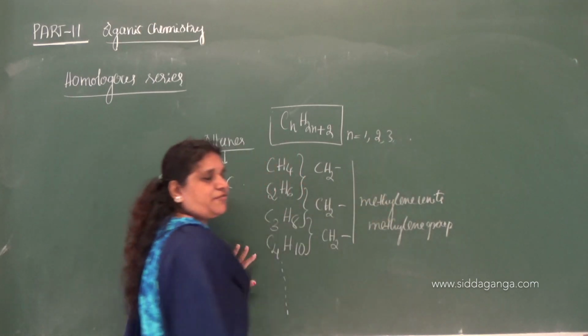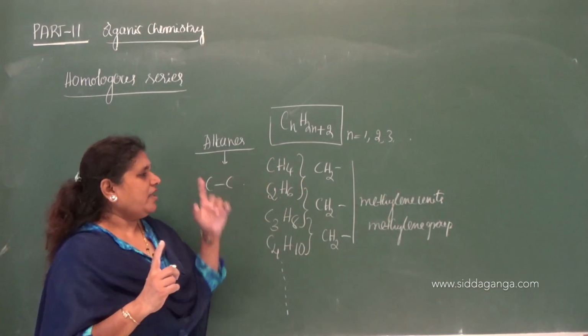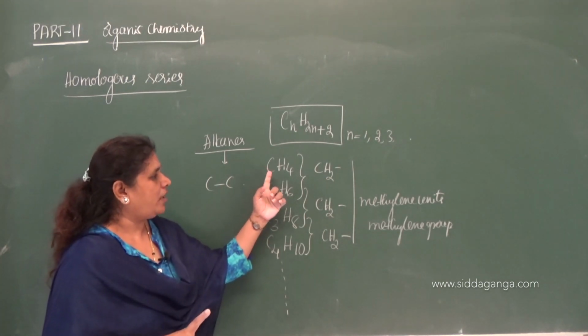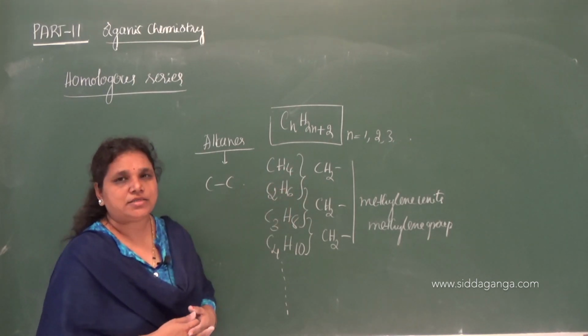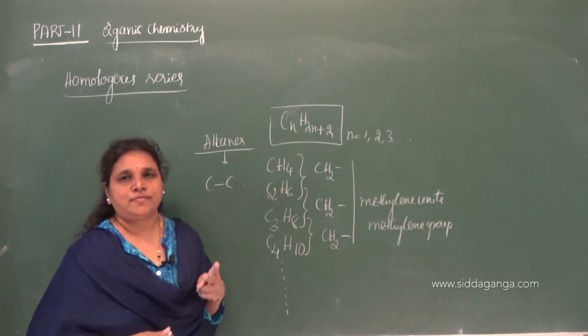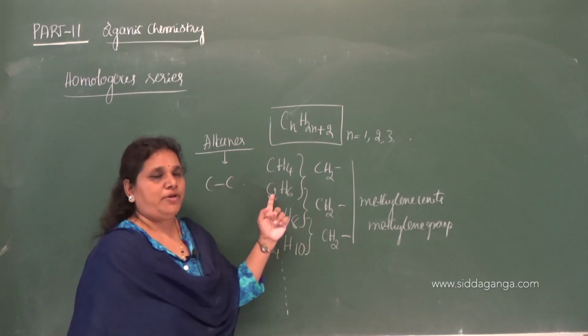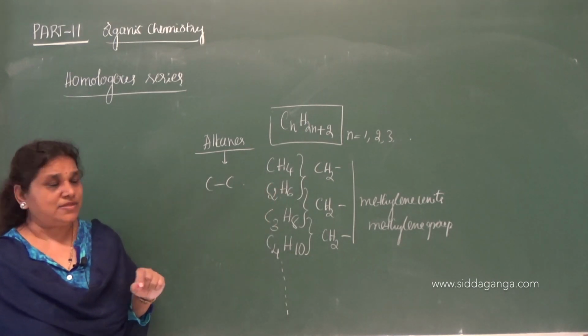It starts from 1 carbon, because in alkanes the compound containing 1 carbon is methane. But if we move on to the alkenes, a minimum of 2 carbon atoms is required to form a double bond. A single bond can be formed here, since the carbon can form a single bond with the hydrogen atoms.